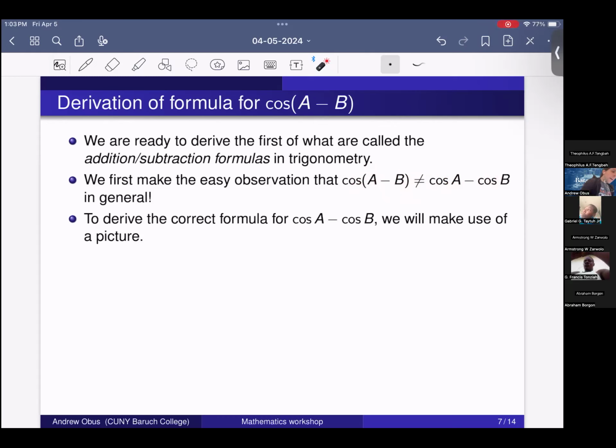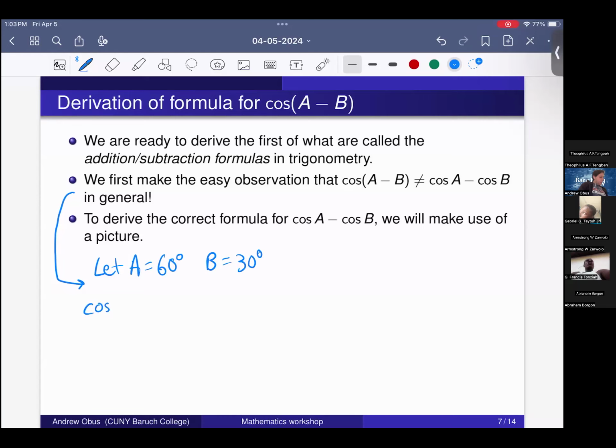But let's do an actual example that shows that this can't possibly be true. So let's let A be equal to 60 degrees and B be equal to 30 degrees.